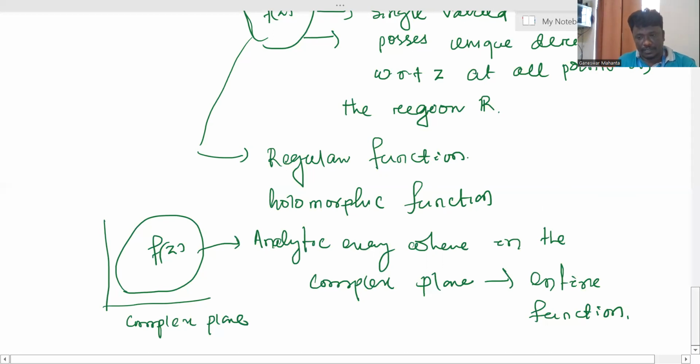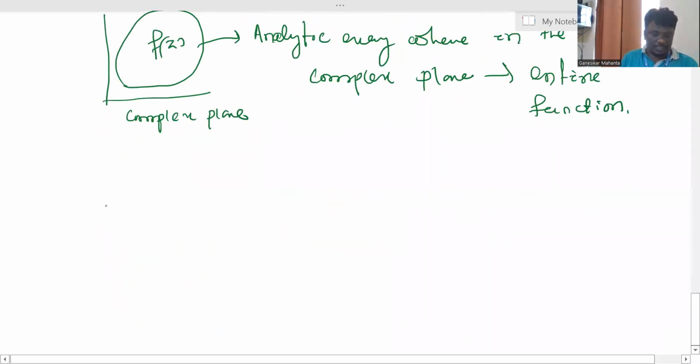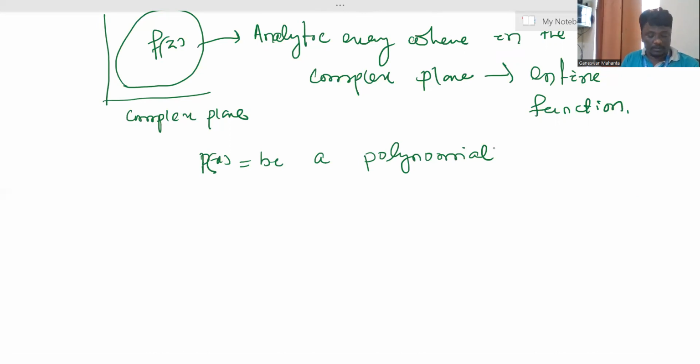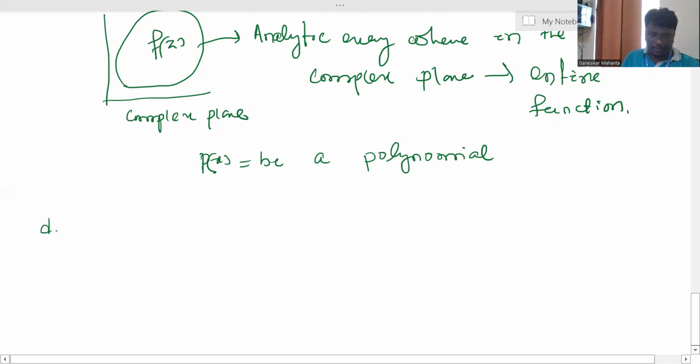For one example of an entire function, consider a polynomial p of x. The derivative of a polynomial, p dash x, exists at every point.